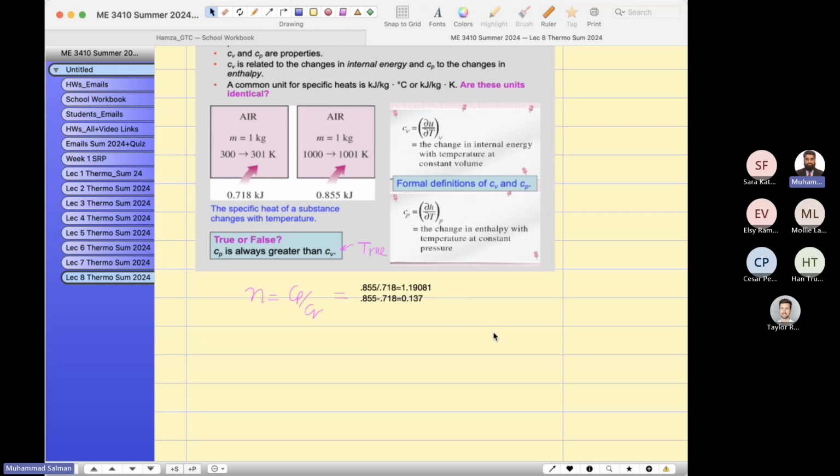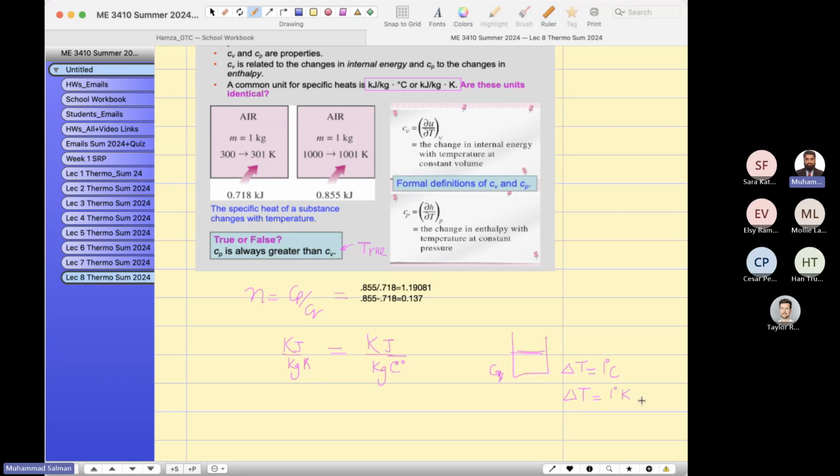Okay, before I move forward, I want to show you that both of these units are identical. You might be surprised, Professor. Kilojoules per kilogram Kelvin is also equal to kilojoules per kilogram Celsius. Why is that so? Because when the temperature rise of any substance is 1 Celsius, what is the temperature rise in Kelvin?